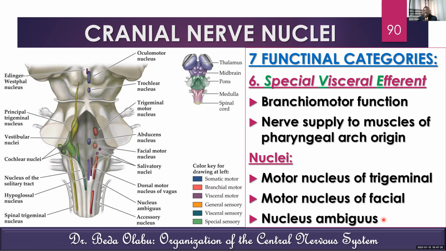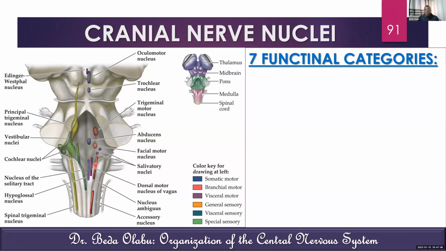Now you understand why that nucleus is called nucleus ambiguus, because it gives rise to 3 cranial nerves. It supplies 3 pharyngeal arches via 3 cranial nerves, yet just 1 nucleus. That's the nucleus ambiguus.